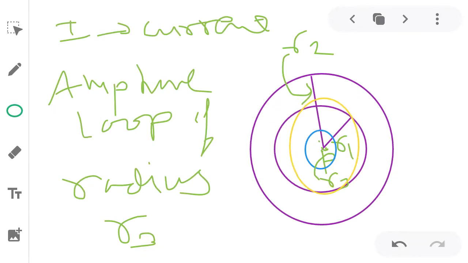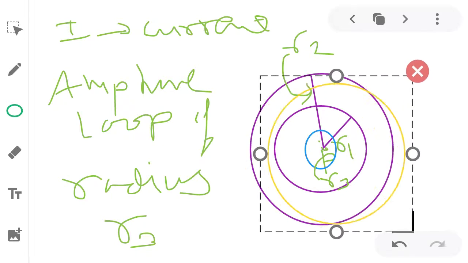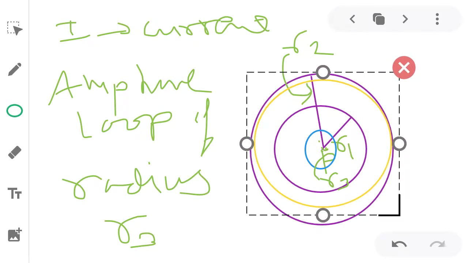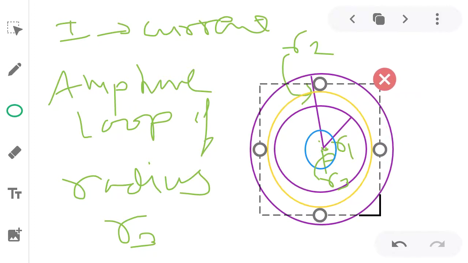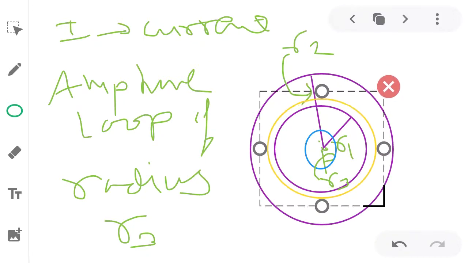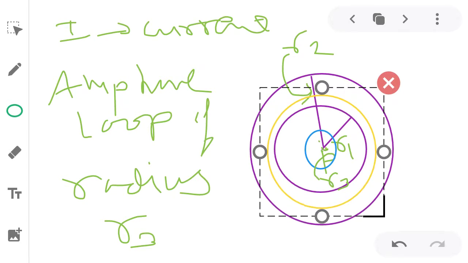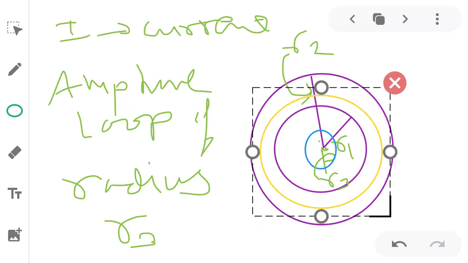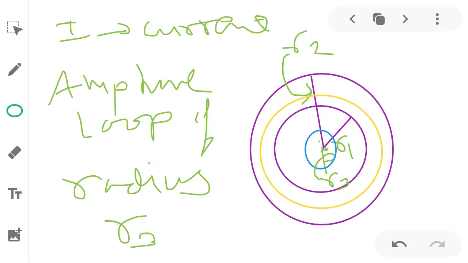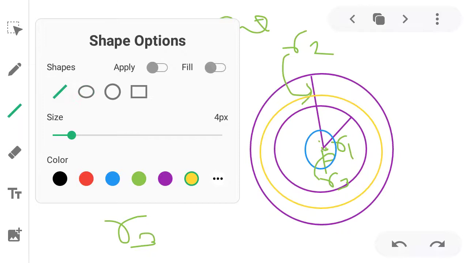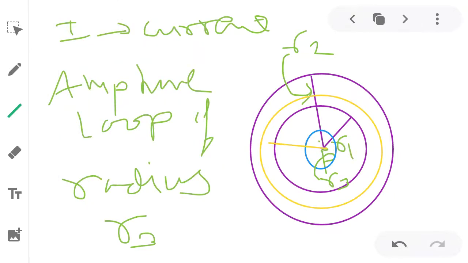Now the yellow loop, let's say its radius is R4.